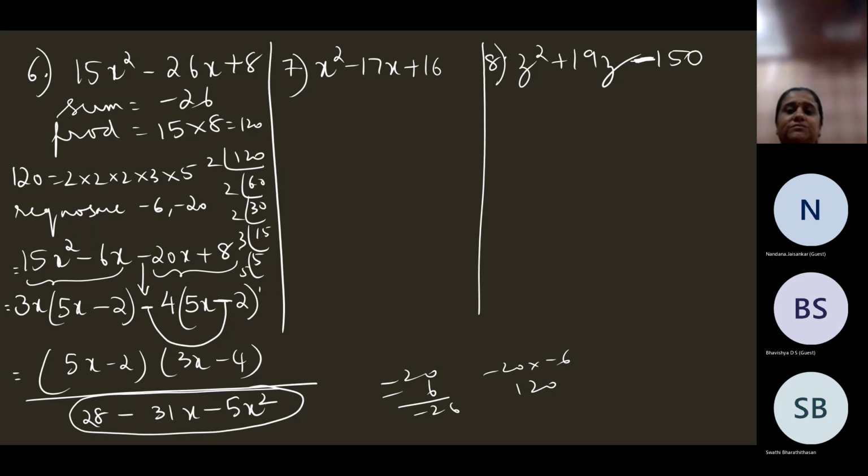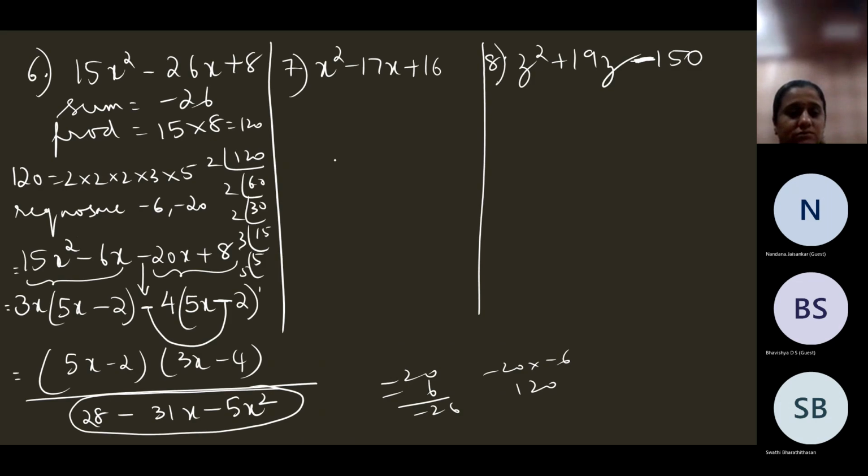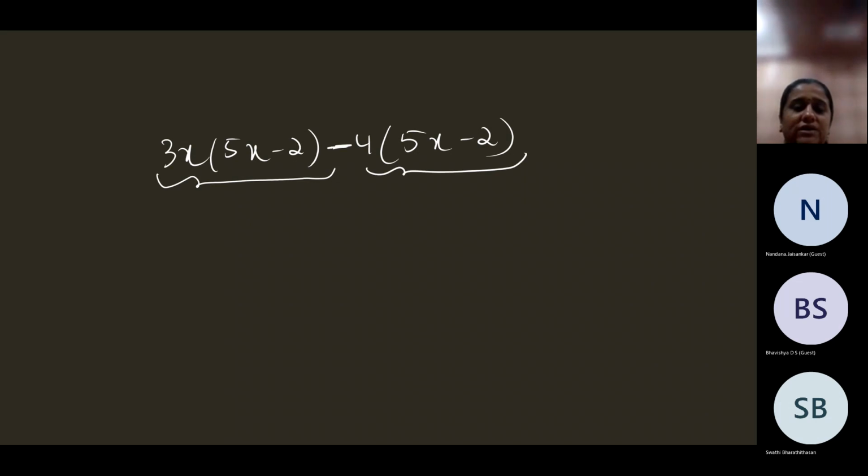All right? Ma'am, I have a doubt, ma'am. Yeah, please. I'm at the last step, ma'am. Like 5x minus 2 into 3x minus 4. Okay. Now again, see, this is one term, this is another term separated by a minus sign.